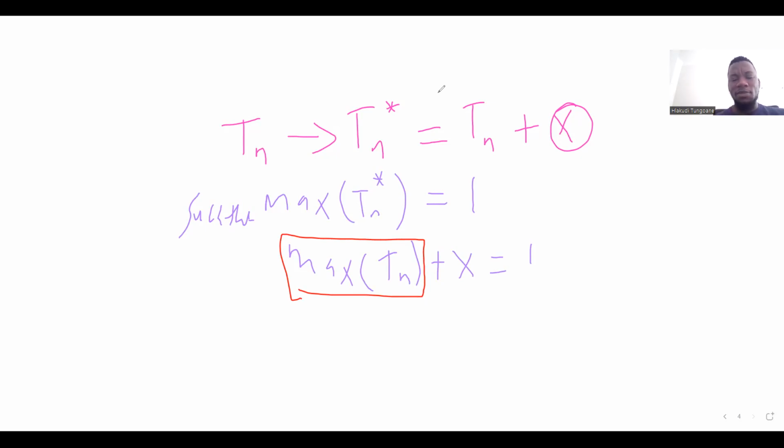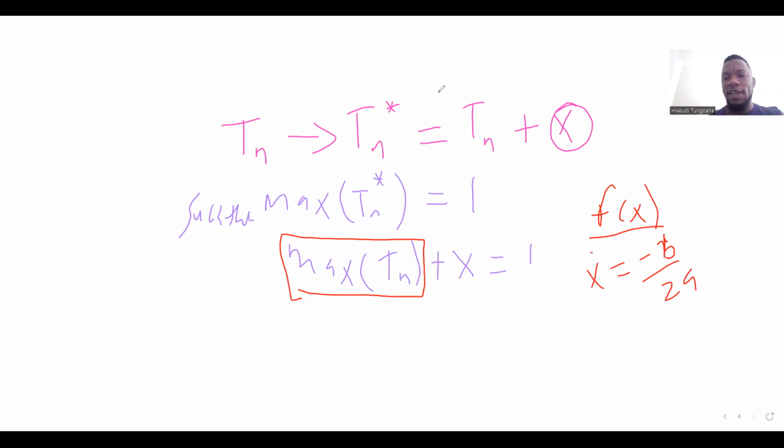So how do we get the maximum for Tn? Remember what I said: we need to remember some of the characteristics of quadratic functions that can help us solve some of these questions. In a quadratic function f of x, to get the maximum of f of x, firstly we determine the x value of the turning point and substitute it into the function. The x value of the turning point is minus b over 2a.